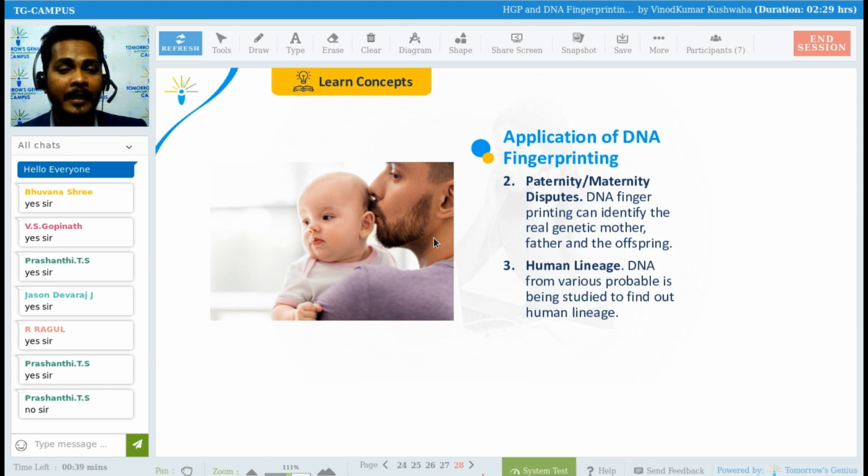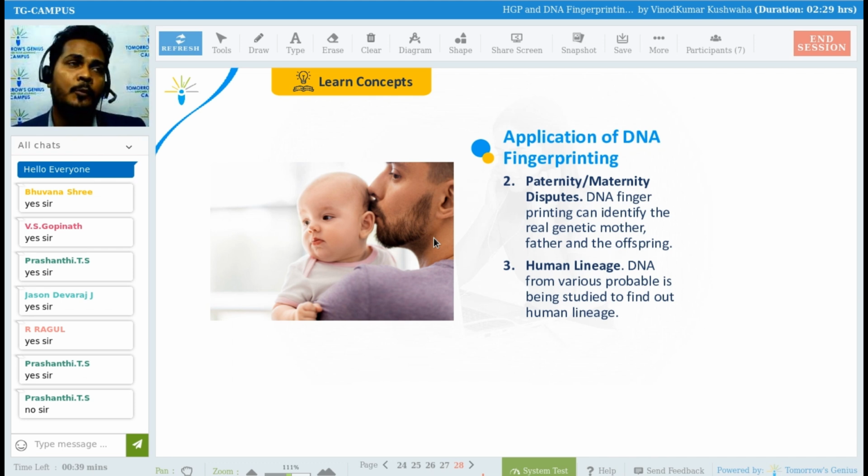Another one is human lineage. Now what is human lineage? In the case of human lineage, the DNA from various populations is studied to find out the human lineage. Like, suppose you want to find out the origin of human beings.